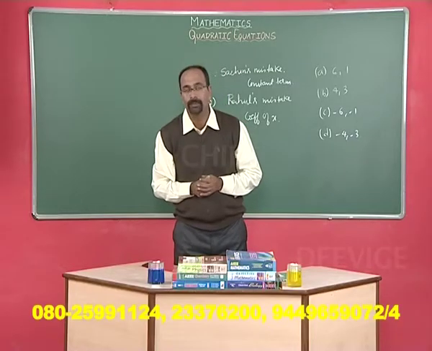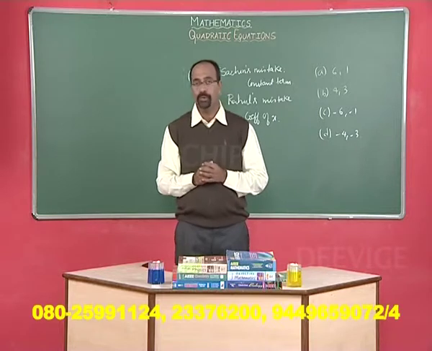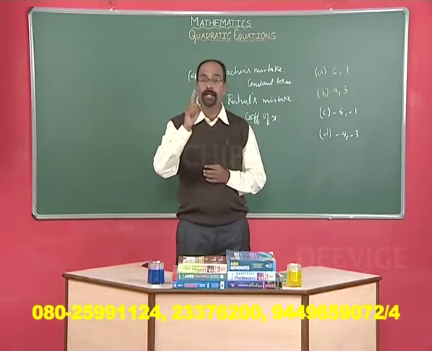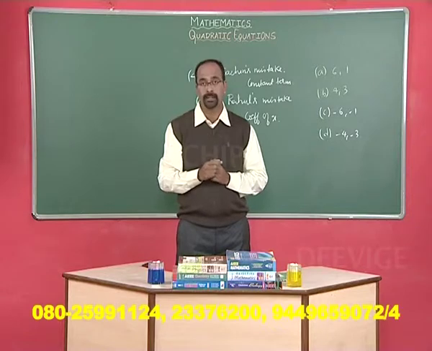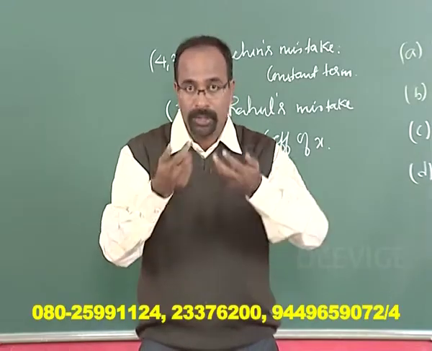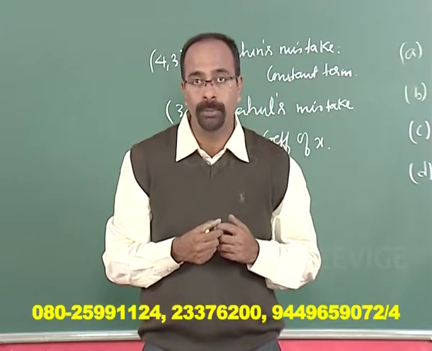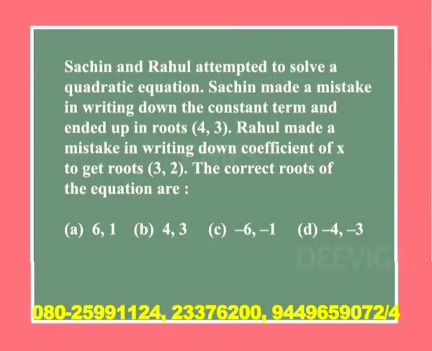Let us take up a problem where two students attempted to solve a quadratic equation, but they ended up in mistakes. We have to take out the correct part out of the mistakes and get the proper answer for this. The problem is like this. Sachin and Rahul attempted to solve a quadratic equation.